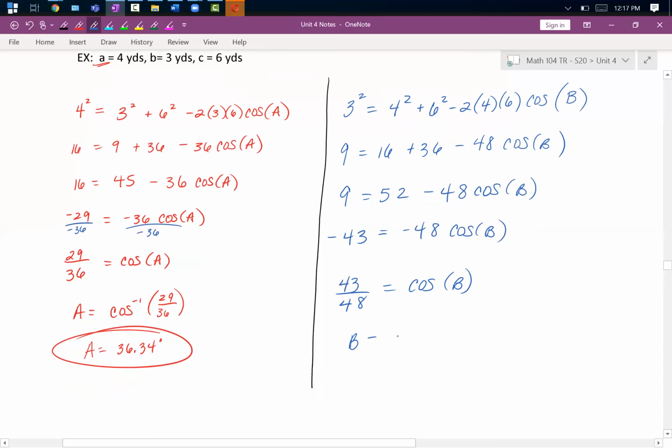So angle B is going to be cosine inverse of 43 over 48. Rounding to the nearest hundredth, we're going to get 26.38 degrees.